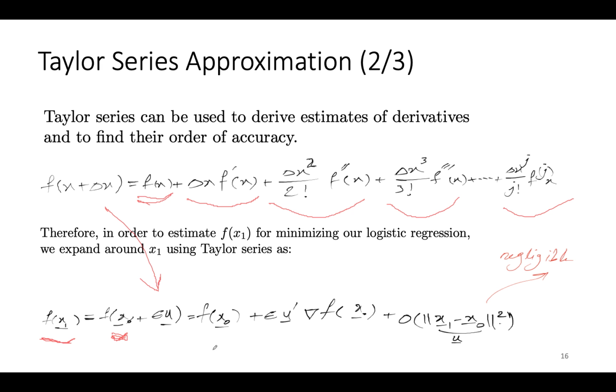Thus, we need to compute f of x0 plus step size multiplied by the unit vector, the gradient of x0, plus the rest, all of those fancy terms here. We call them order x1 minus x0. We don't need to compute that because we can just neglect those. By using only this, we are having good enough results.